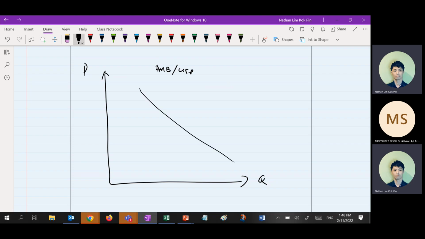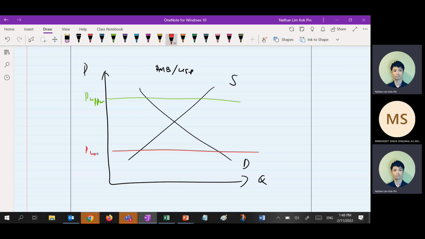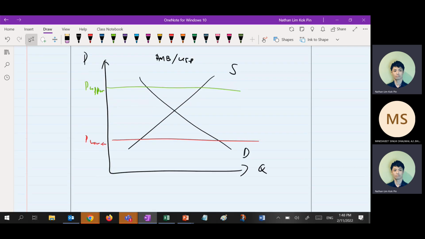RMB over USD. This one is the China case. China also has their upper range and their lower range, right? Make sense so far? For this scenario, a lot of people buy RMB.